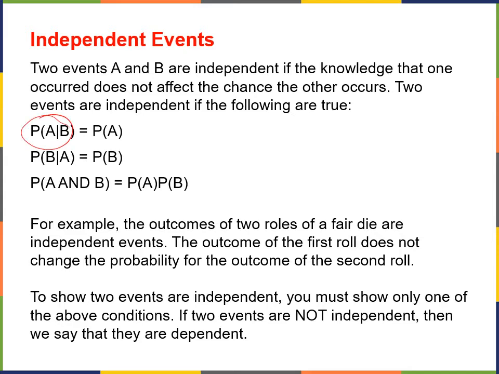So if it's independent, A given B is the same thing as A, and B given A is the same thing as just the probability of B, because it doesn't matter what happens with B or A, the probability will remain the same. And therefore, if we're trying to find the AND probability formula, we would just do the probability of A and B by doing each one separately.